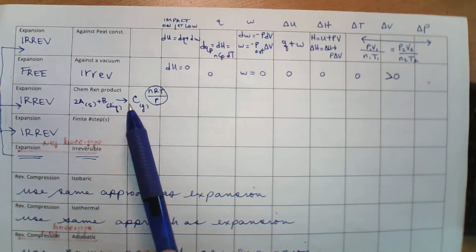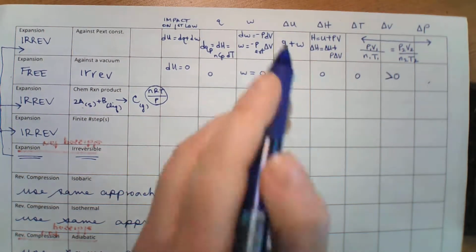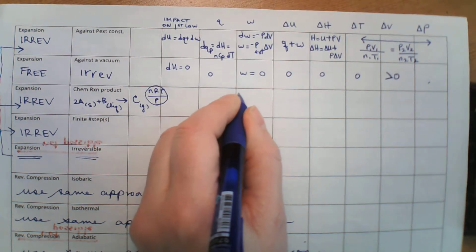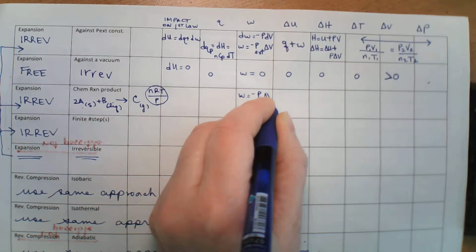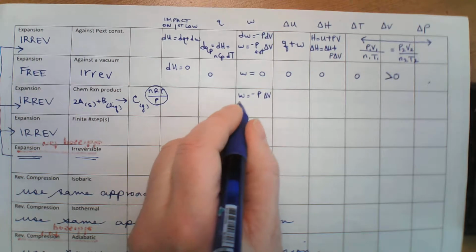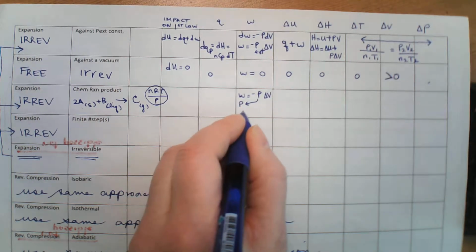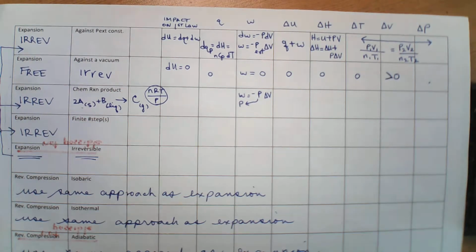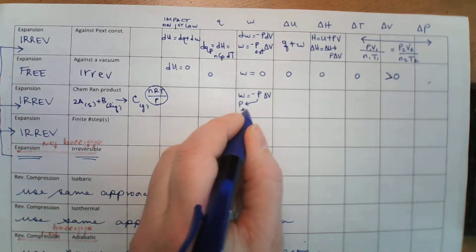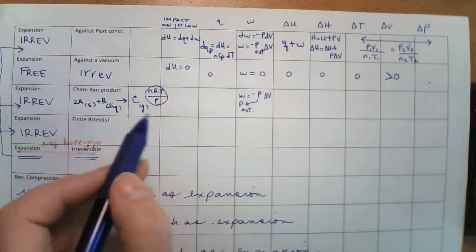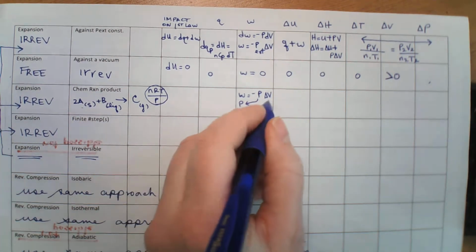The work associated with that is irreversible. And so my work is minus P delta V, where that pressure is the 1 atmosphere that it's pushing back against if it's happening on the bench. So let's say it's a constant external pressure, which becomes the P final of the gas.